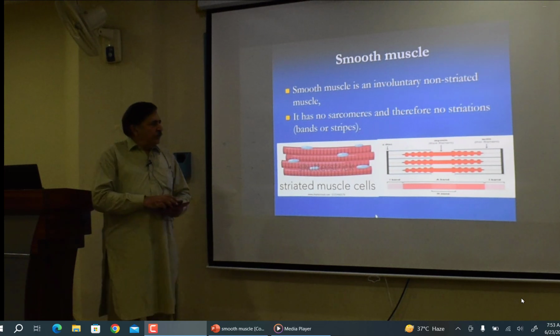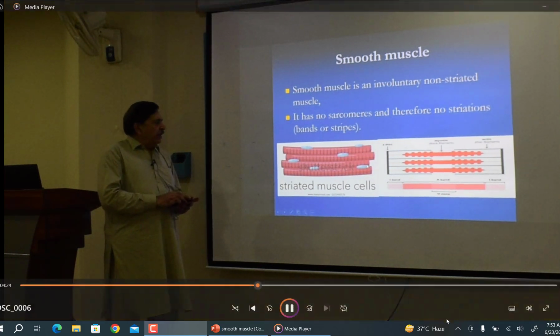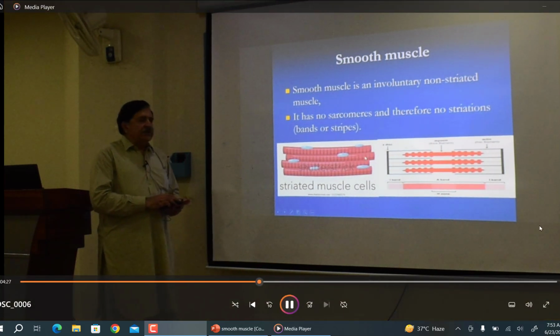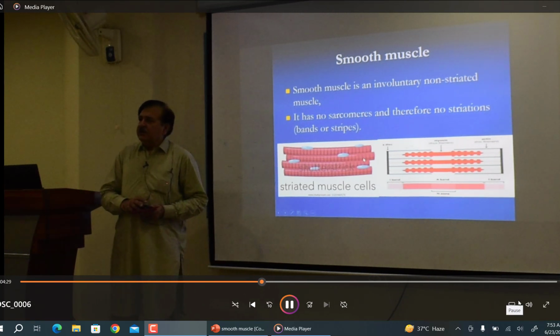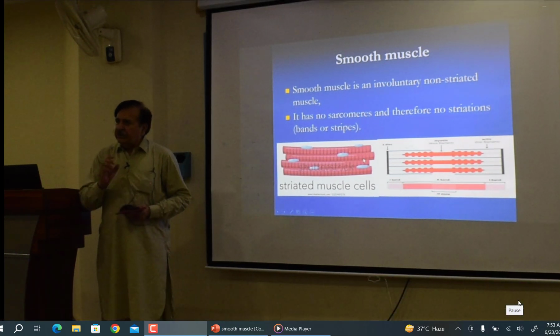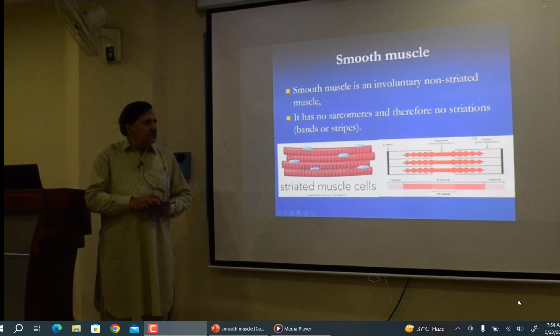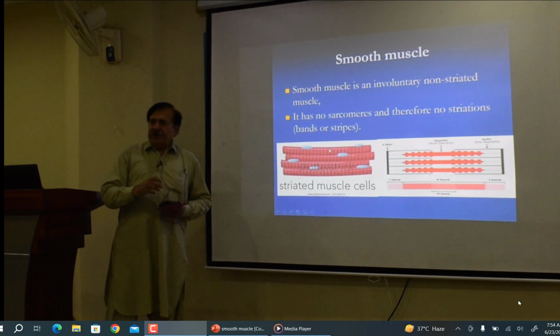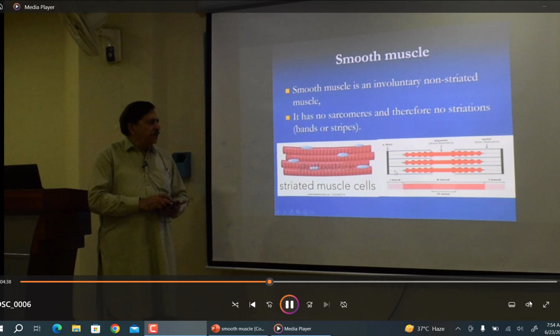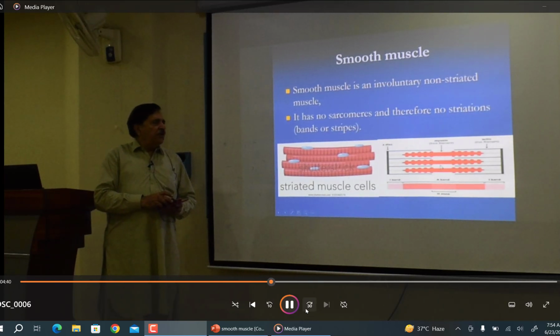So there are two things about smooth muscle: one is that it is non-striated, and the second is that it is involuntary in nature.